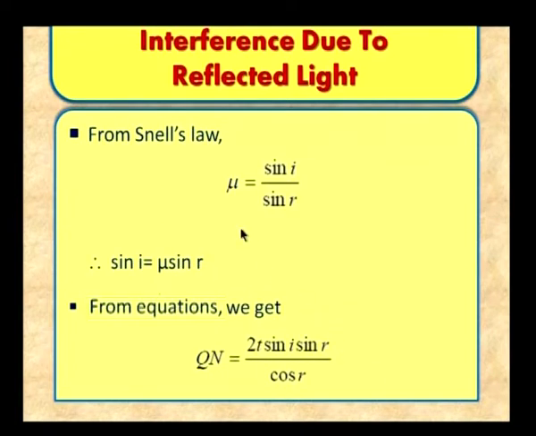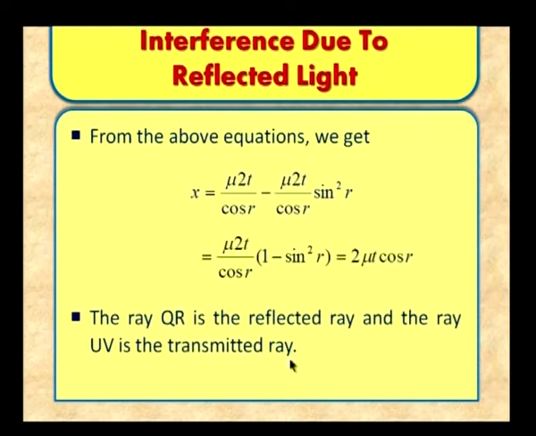Snell's law shows the refractive index mu will be sin i by sin r, or sin i will be mu times sin r. So, from the above equations it can be shown that the path difference between the two light beams is equal to 2 mu T cos r.